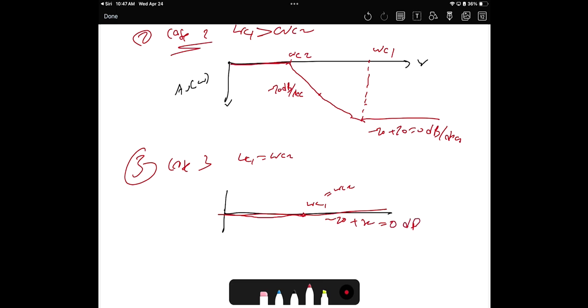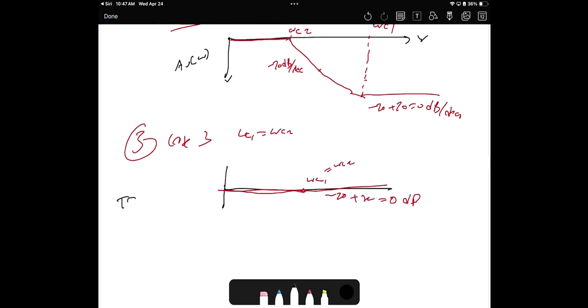So there will be no effects. In other words, the transfer function will equal 1, and 20 log 1 makes it 0. Okay? Does this make sense? So the overall thought: whenever you have a zero, it will make a positive slope. Whenever you have a pole, it will make it negative.